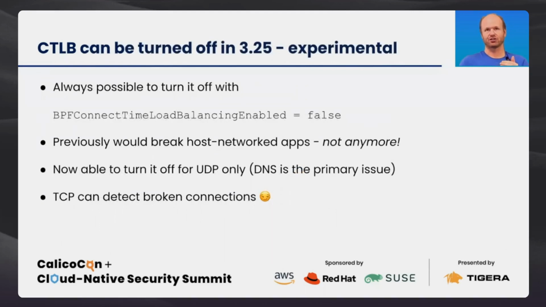So we can turn this feature off. That was always possible. But since the upcoming 3.25 release, we will be able to turn it off without breaking host network applications. And we can turn it off only for UDP because the primary use case here is DNS. So when a DNS pod moves somewhere else, we need to reflect that.